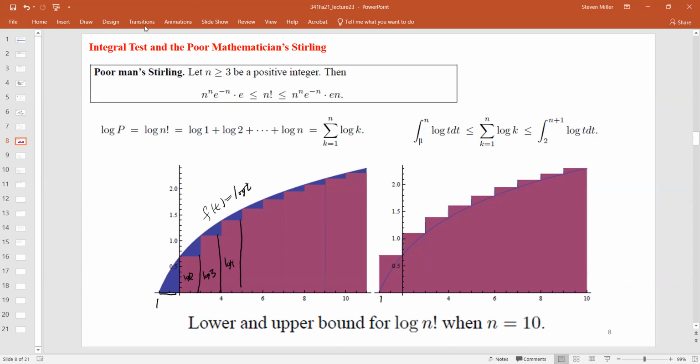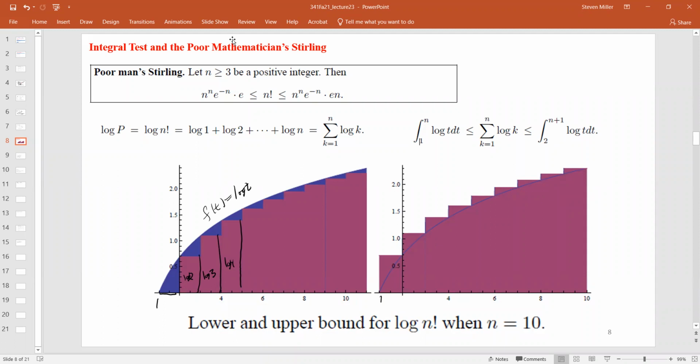And then the other way, of course, is going in the other direction, where instead of having it go to the right, I have it go to the left. If I do it that way, then it's going to be above the function. And so you can basically say with a little bit of algebra, the sum of the log of k is sandwiched between these integrals. And they really only differ by the last term.